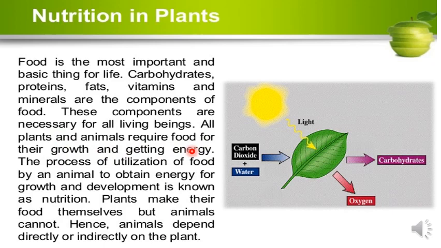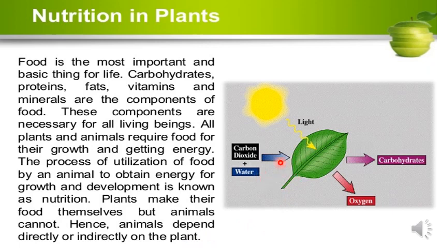The process of utilization of food by an animal to obtain energy for growth and development is known as nutrition. Plants make their food themselves, but animals cannot. Hence, animals depend directly or indirectly on plants.